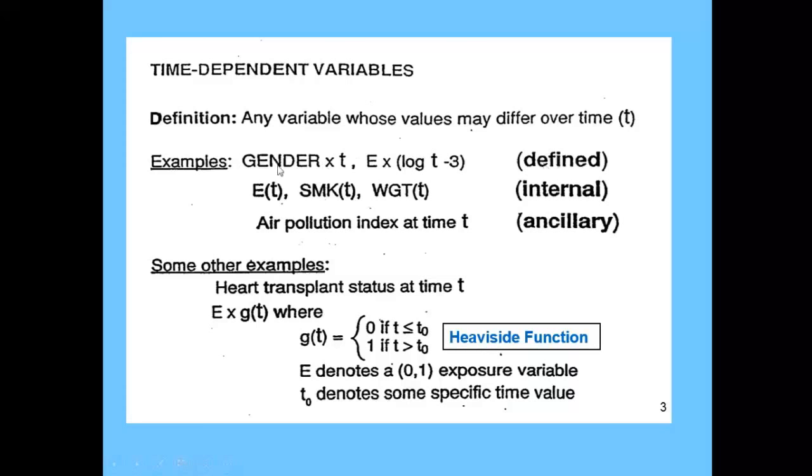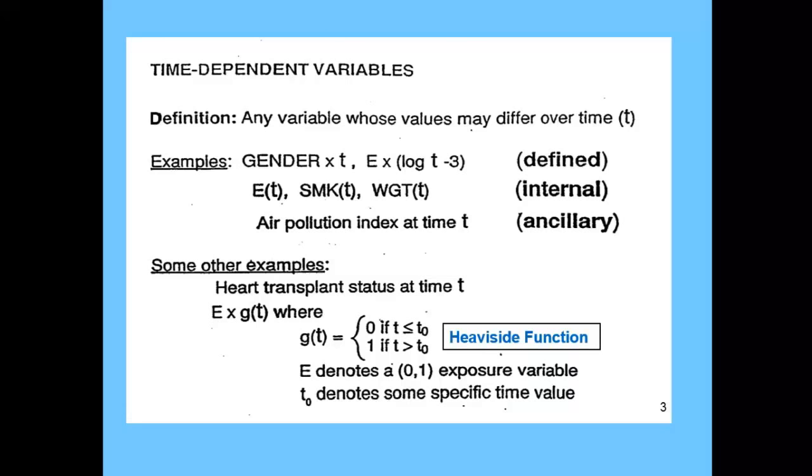The reason why it's called a defined time-dependent variable is because once you know the time-independent part of that variable, once you know whether somebody is male or female, you know all the values of that variable. But if it's an internal time-dependent variable, you never know what the values are. You can't specify what all the values are. They change from one time to the next.